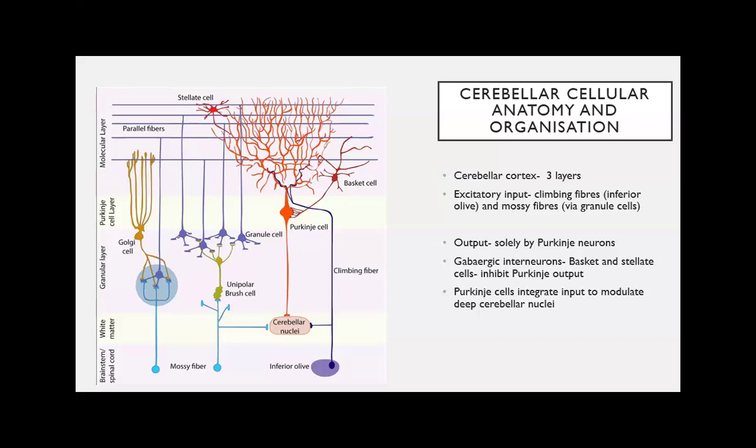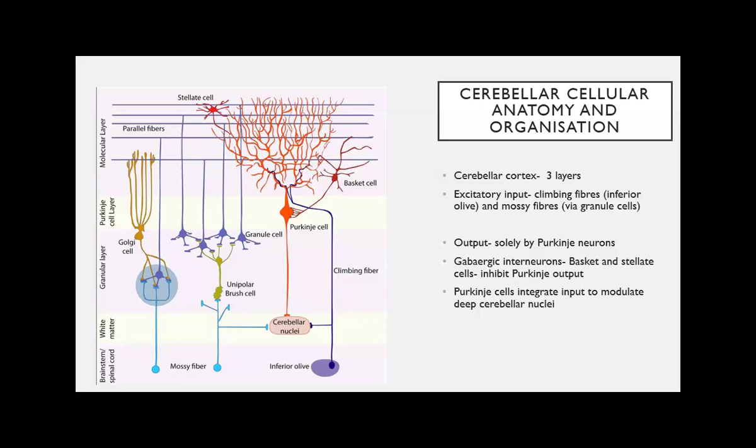The mossy fibers transmit through the intermediate granule cells. These granule cells, reaching the molecular layer, give parallel fibers which connect with the arborized branches of the Purkinje cell.